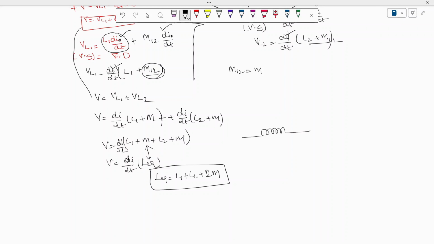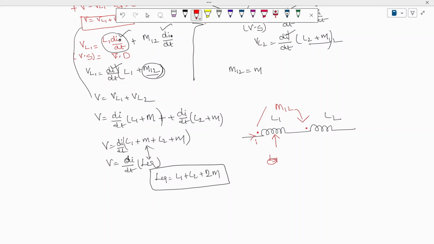So in order to remove the confusion, we will directly write down the inductance. This is inductor L1. This is inductor L2. The voltage induced is indicated with the help of a dot. Whenever the current I is flowing here, the self inductance is L1 and the mutual inductance is M12. How to write it is very simple.